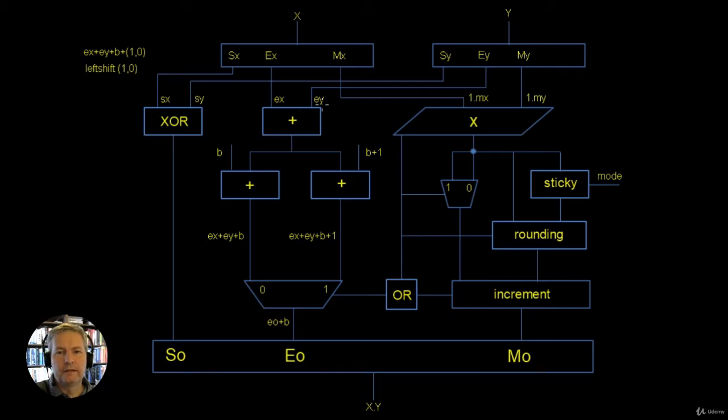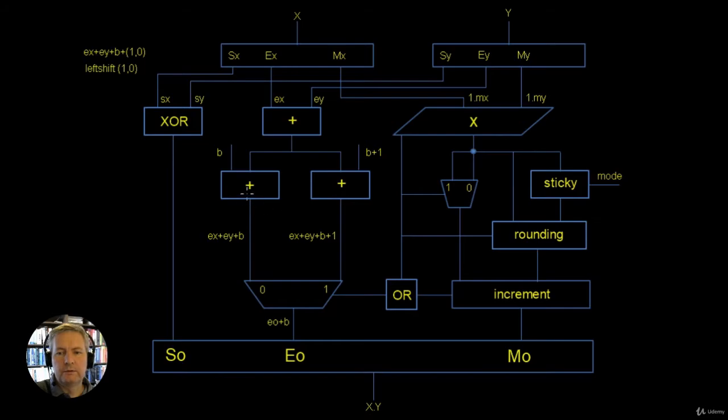Now we know that we have to add those together, so we put them into a summer. So at this point here at the output, we take a copy of ex plus ey goes this way, and a copy of our ex plus ey goes this way. Now we're going to put them into a couple of summers.